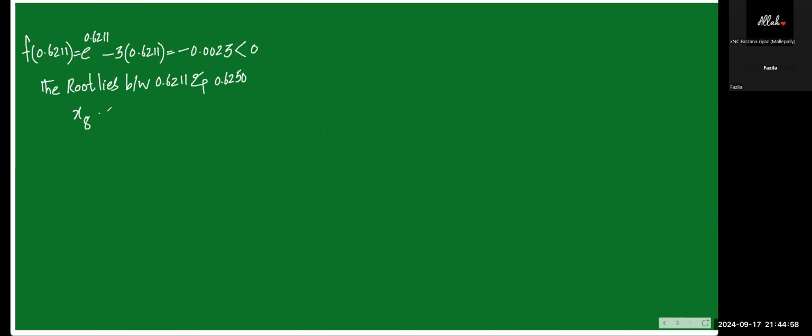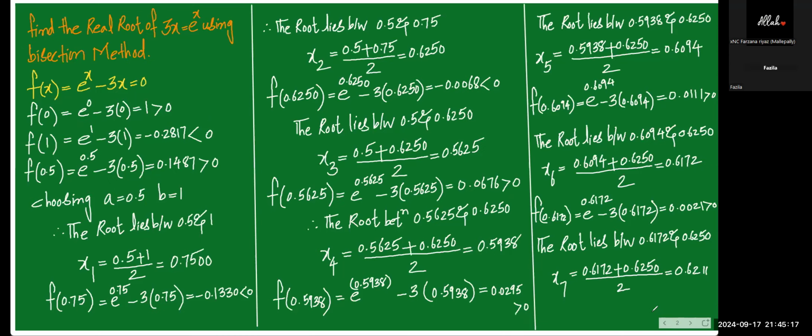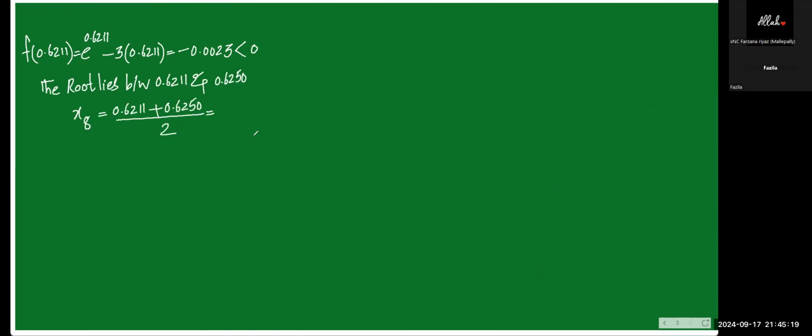Calculate x8: 0.6211 plus 0.6250 divided by 2. Calculate and tell me. 0.6231.